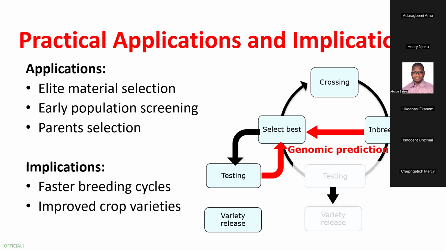But because you want to reduce that time, you already estimated the effects of the SNP markers that you have in that population, and then you genotype the new population with the same markers. Because you already have the SNP effects of all the markers, you can look at the markers they carry after genotyping, sum them together, and have a genomic prediction value for the new individuals, and then you select them based on that. So you don't need to have phenotype for them.